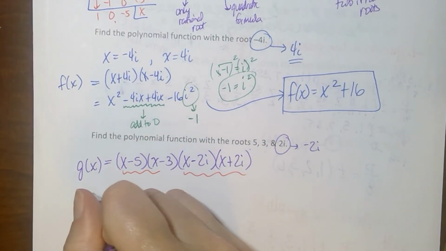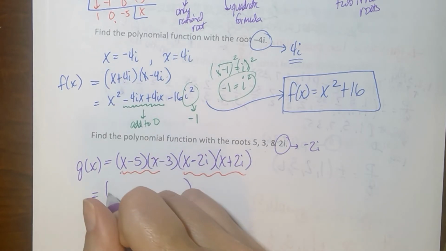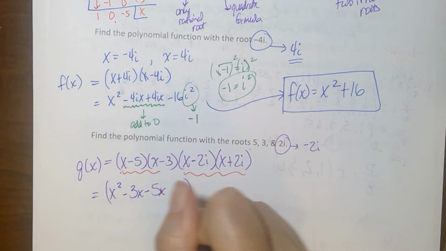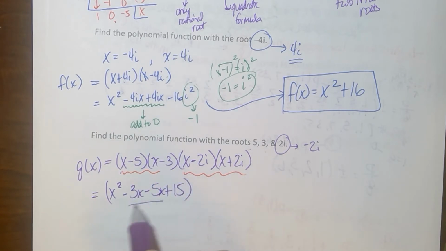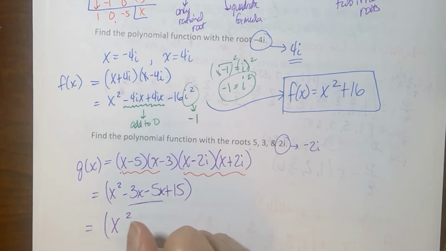For this first FOIL, x minus 5 times x minus 3, I get x squared minus 3x minus 5x plus 15. My middle terms, outside and inside products, are like terms, so I can combine them. So this simplifies to x squared minus 8x plus 15.